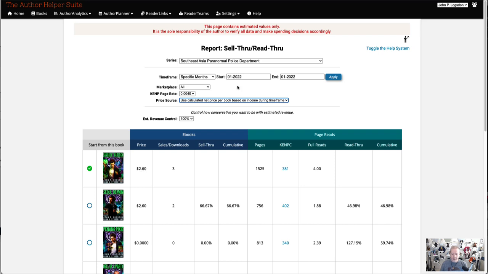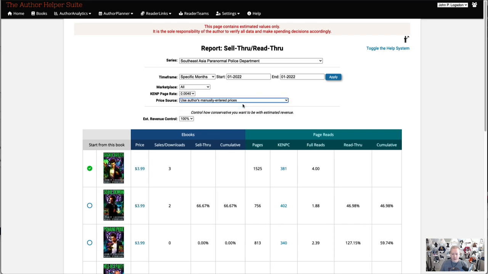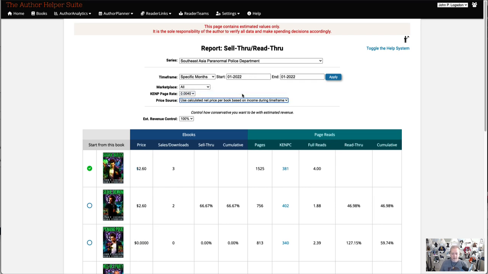For example, if January 1st through the 5th you were having a 99-cent sale, and then the rest of the month it was $2.99, then we would be able to do an averaged value here, which is going to be a little bit more accurate than if you went with just $3.99 in this particular area, because it's not really true that the entire month this was $3.99, and yet that's what we're basing our time frame on. So this just kind of helps you a little bit if you decide to go with a calculated price.